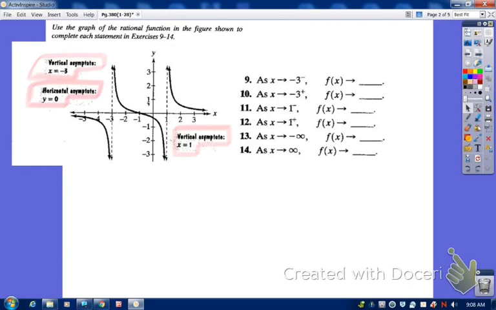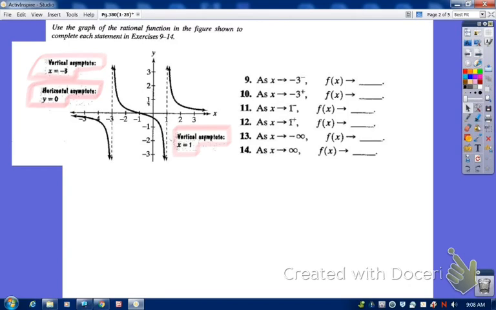The negative means from the left, okay? So as the x's approach -3 from the right, this is what it would look like. Your graph is coming in, approaching -3 from the right. So I'm coming in from the right-hand side, so I'm talking about this piece of the graph.